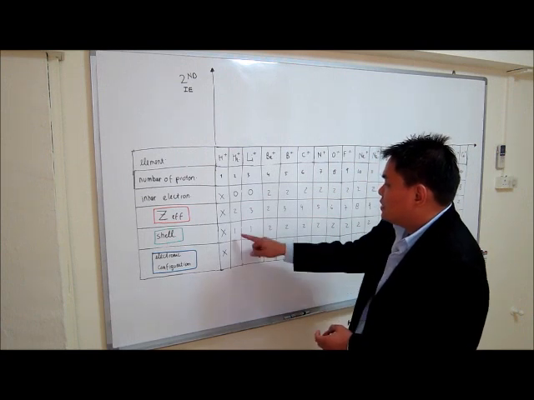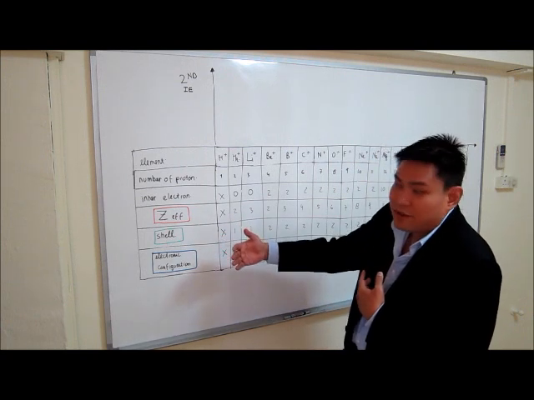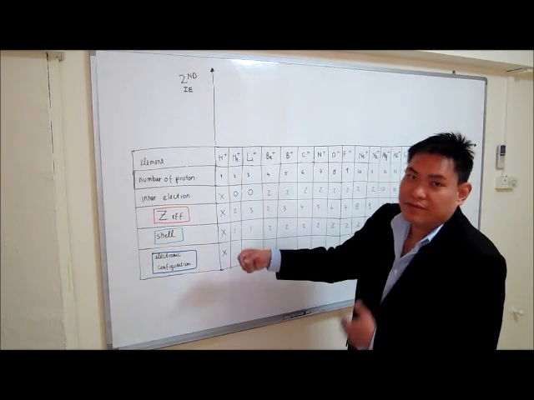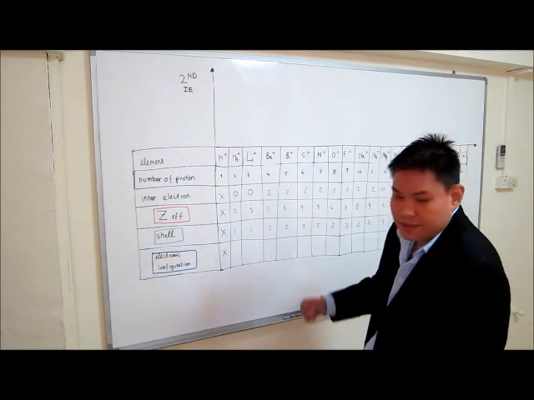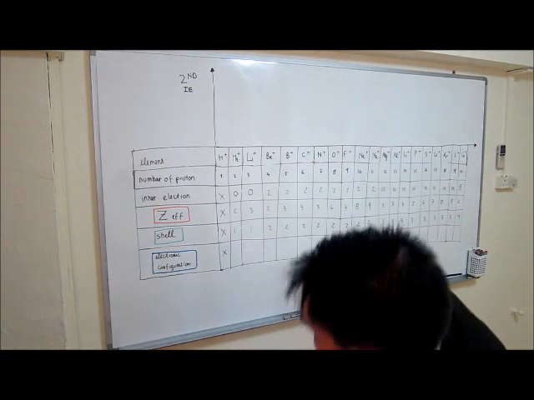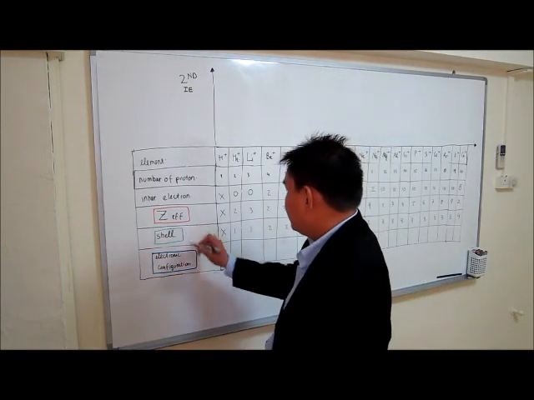So if you have more shells, then the electron will be further away from the center.